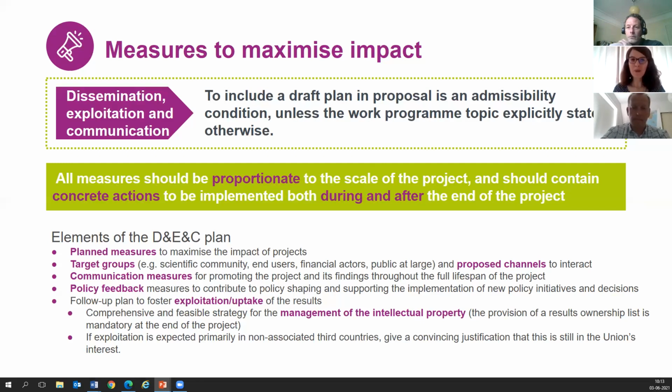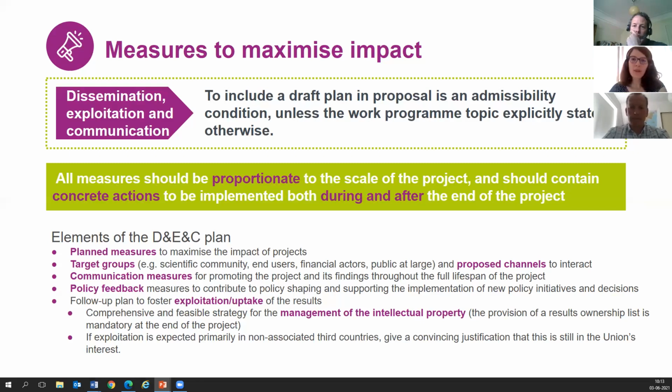Still, don't be worried about this plan for dissemination, exploitation, and communication. We know that we are at proposal stage and we don't ask you a full, complete, long plan. We require you to provide in your proposals more or less 1 page about dissemination, exploitation, and communication measures.